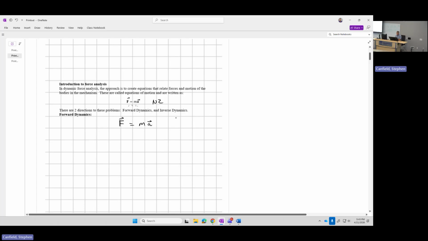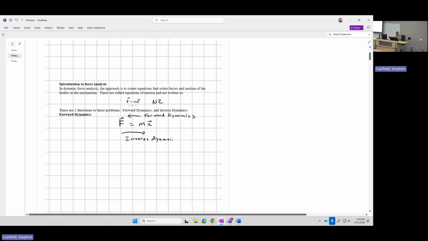If I have F equals ma, and I go from a given state of motion and want to solve for forces, I'm going to call that the forward dynamics problem. And if I want to go from a given input force and find the resulting motion, and by the way, the internal constraint forces, I'll call that inverse dynamics.